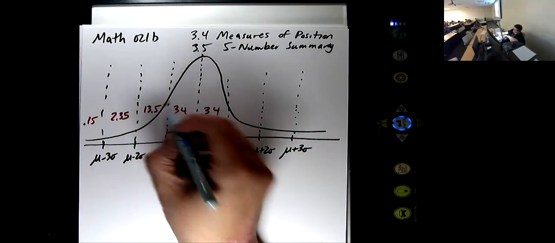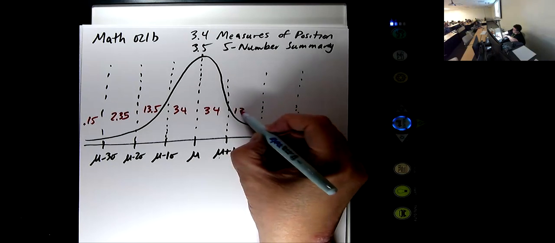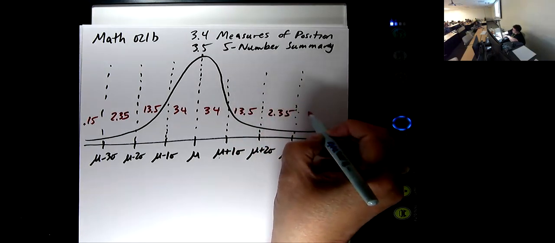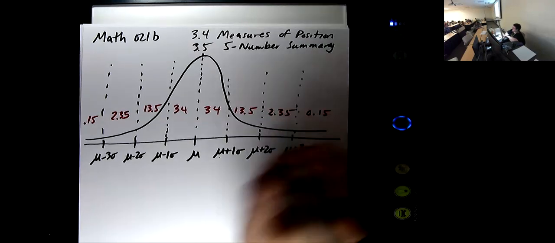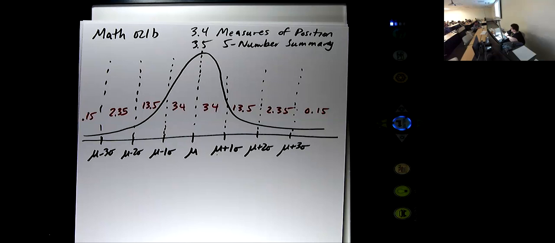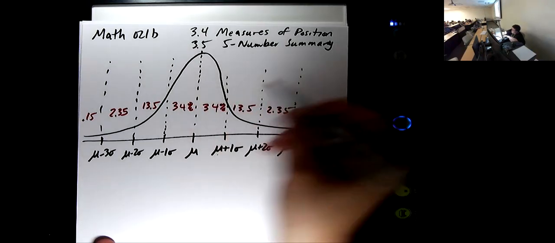Nice. And it's symmetrical, so we just mirror it across the middle. And these are all percentages. So this was our empirical rule table.